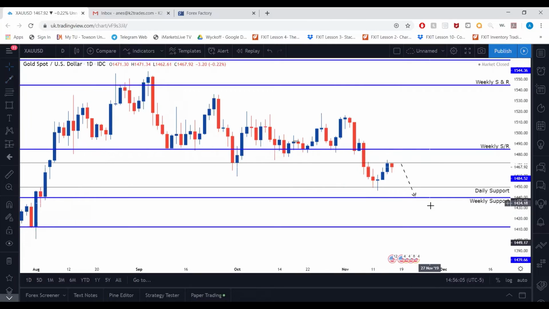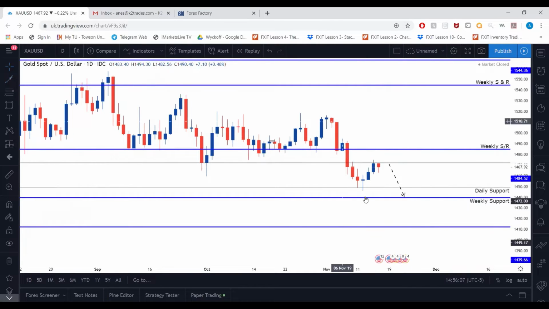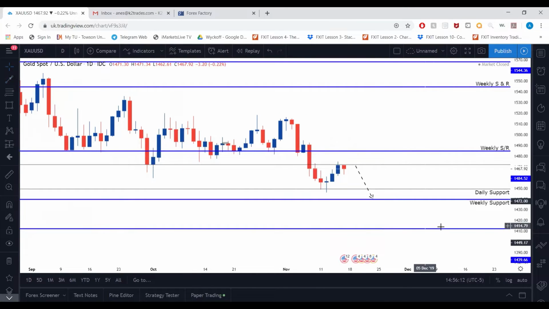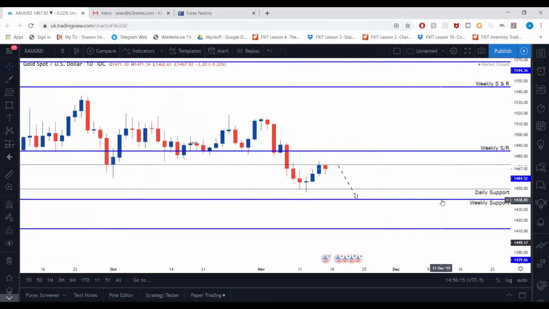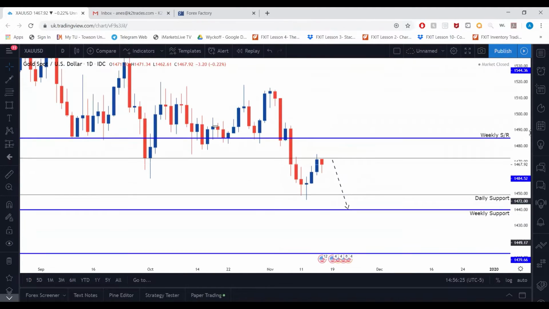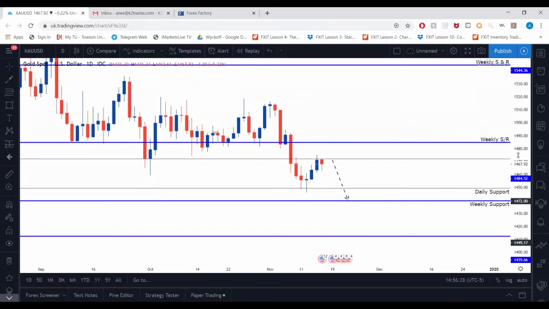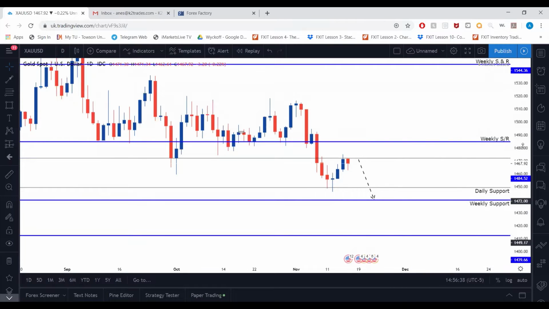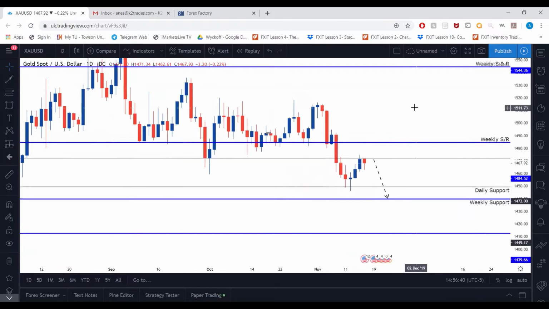So I would like to see it complete its 3 lower highs, and look for some buy opportunity around 1439.50, 1440. I don't know why it is showing like that. For some reason it's way down, so apparently it's 1439.66, sorry. I would really be interested to look for some buys at that area.